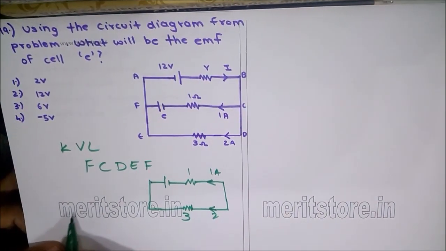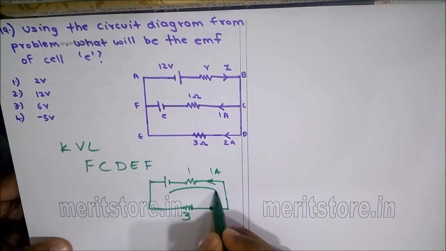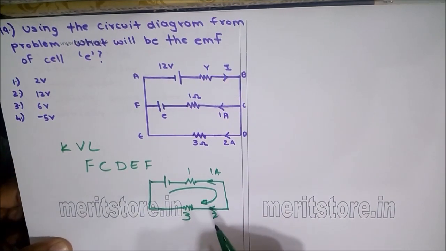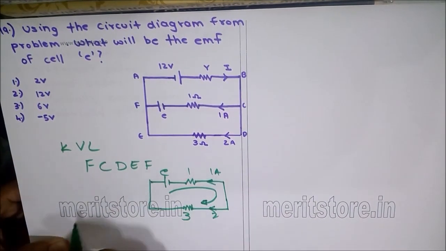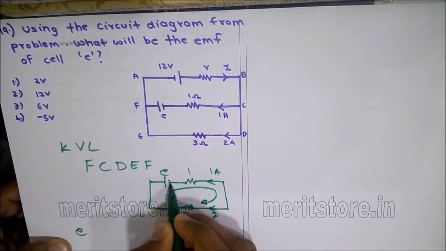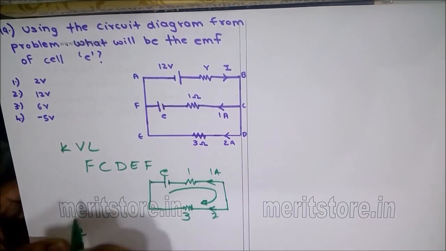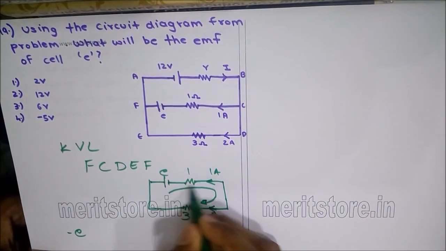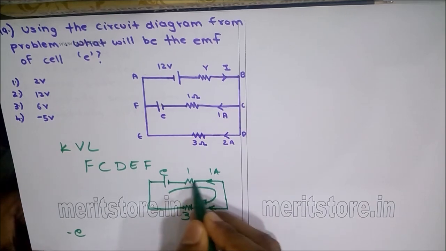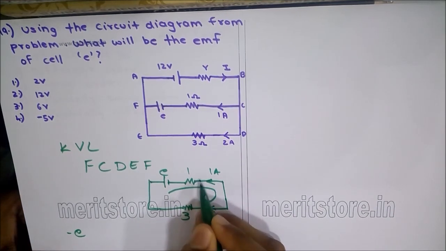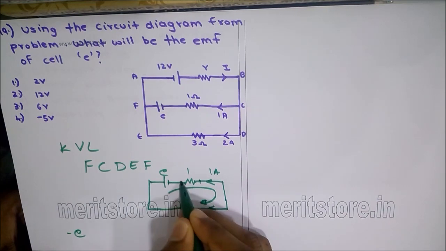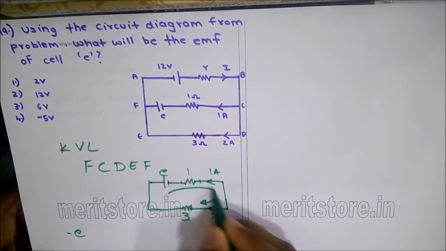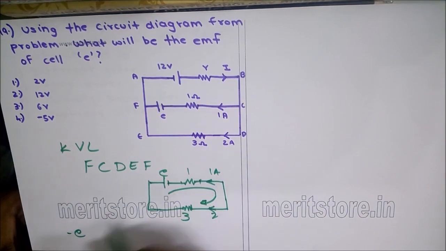So Kirchhoff's voltage law, when you assume current flowing in the clockwise direction, can be written as minus E, since there is a potential drop across the battery. For the resistance of 1 ohm, the current is flowing from a higher potential to a lower potential, but in the direction of the consideration there is a rise in potential.